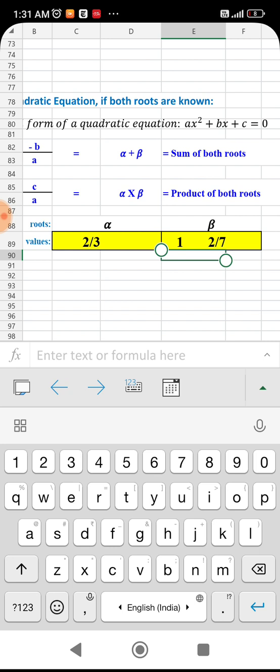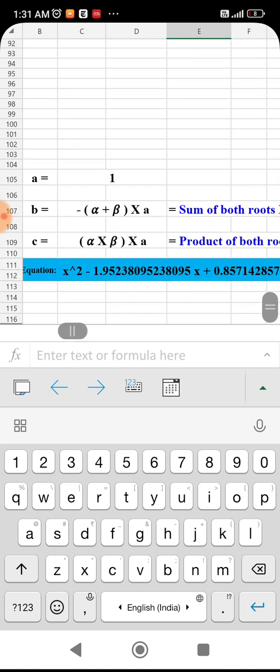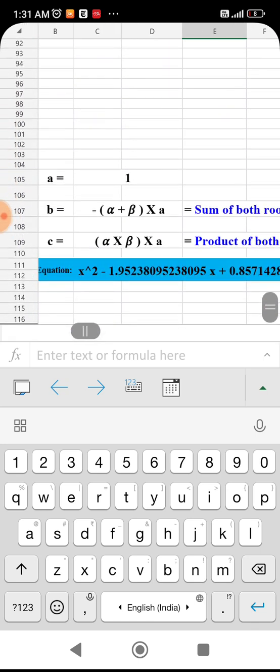Evaluate in your copy first and go downwards and check whether it is right or wrong.